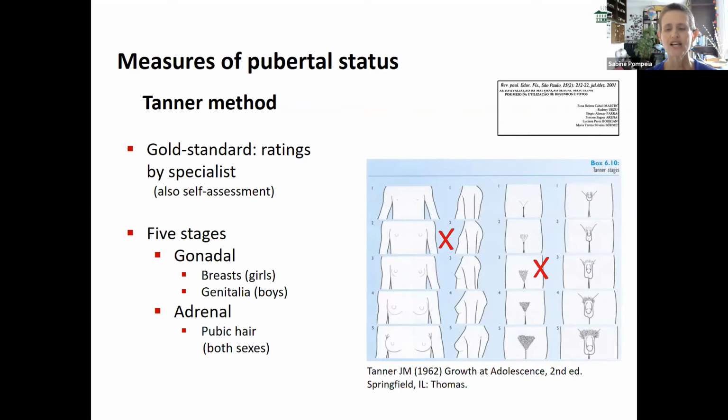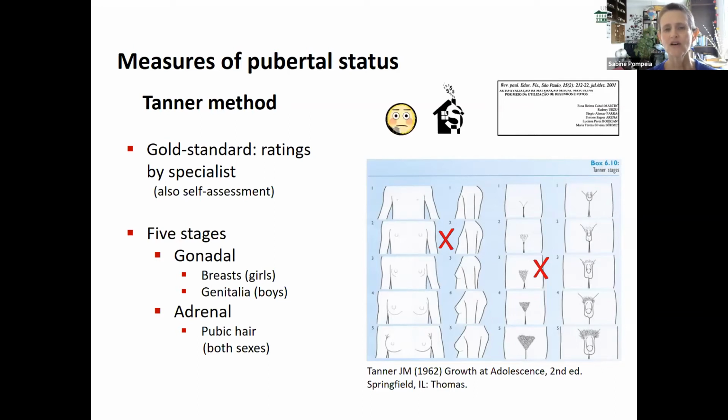What the specialist has to do is compare the development of the child or adolescent to these images in terms of breast growth for girls, genitalia for boys, and the quantity and distribution of pubic hair in the case of both girls and boys. So breast changes and genitalia indicate gonadal changes, and pubic hair indicates adrenal changes.